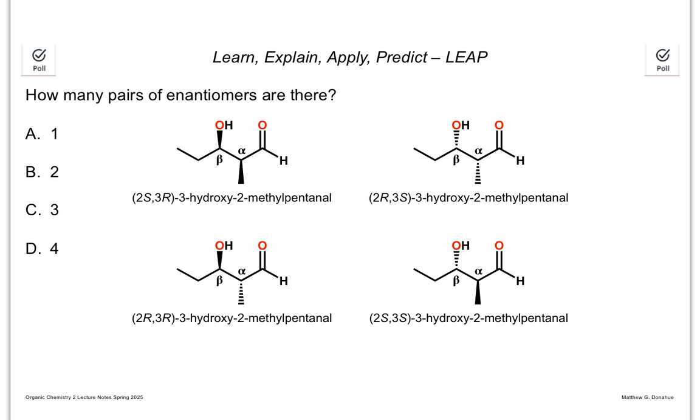If those wedges and dashes are exactly opposite, those are mirror images. And the other way you can tell is by looking at the CIP designations. So 2S, 3R, 2R, 3S. So that's one pair, and then the bottom row is the second pair.